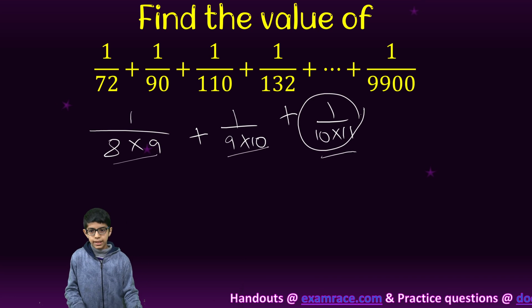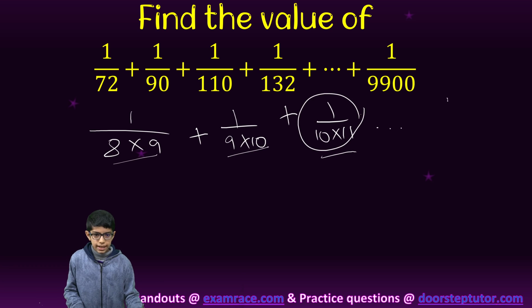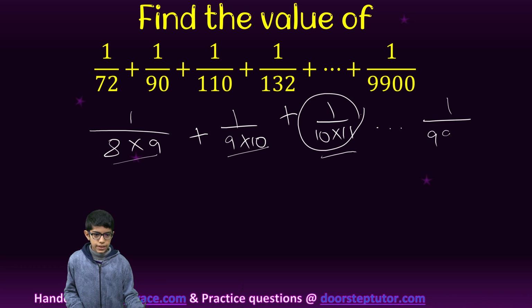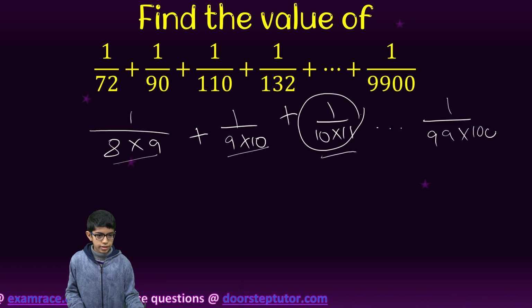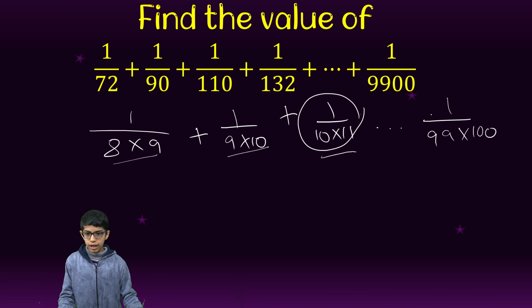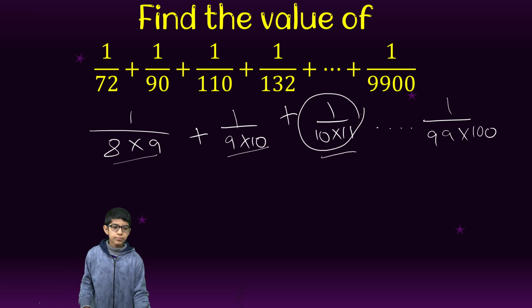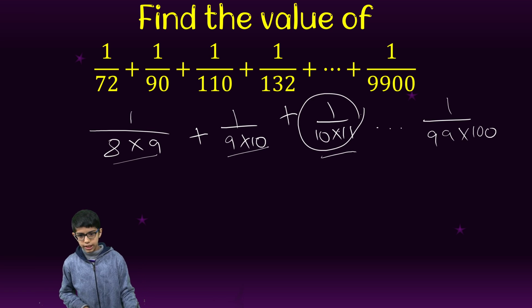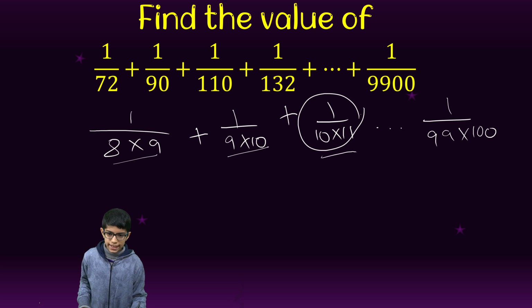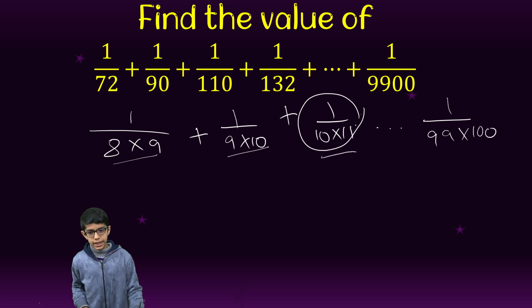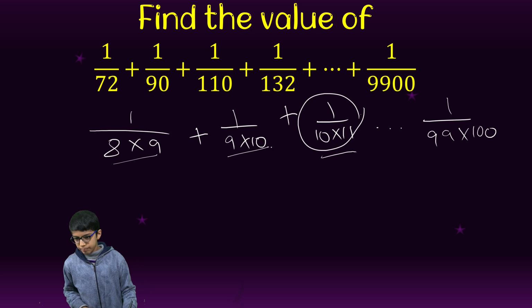You should not make this mistake. Then like that till 99 into 100, because in the original formula, what was it? Yes, it was k into k plus 1. It was not k into k minus 1. If it would be like that, then you would have to write 10 into 9 and 100 into 99, like that.